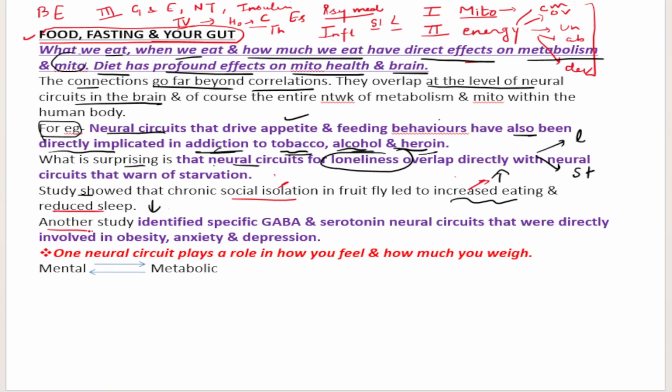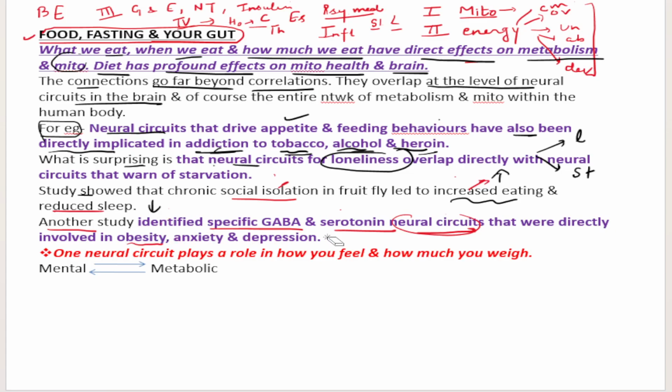Then another study identified specific GABA and serotonin neural circuits that were directly involved in obesity, anxiety, and depression. So these neurotransmitter circuits were directly involved in causing both metabolic and mental disorders.